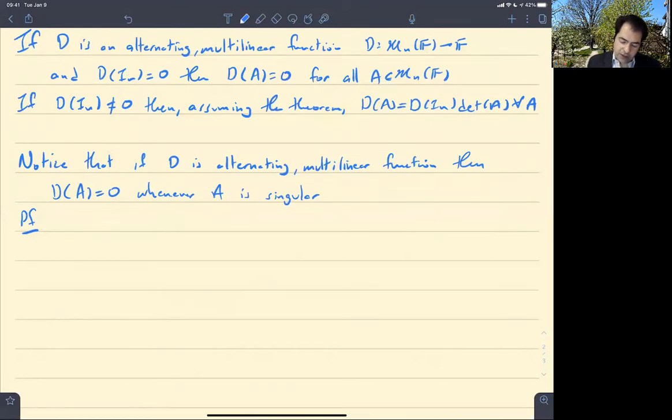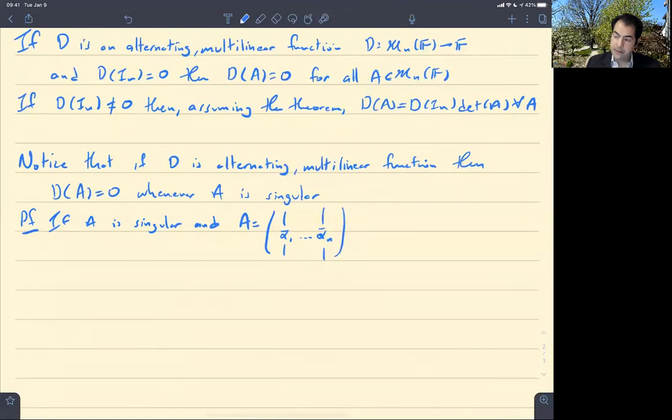Okay, so why is that? Well, if A is singular, and say we label the columns of A as alpha 1 through alpha n, then we know that the set alpha 1 through alpha n is linearly dependent. Right? We know that's equivalent to A being singular, A being not invertible.